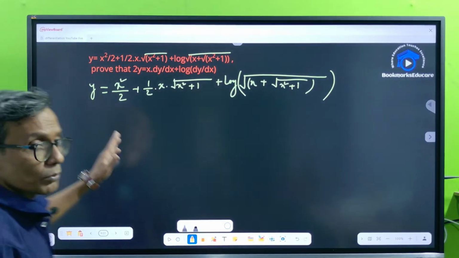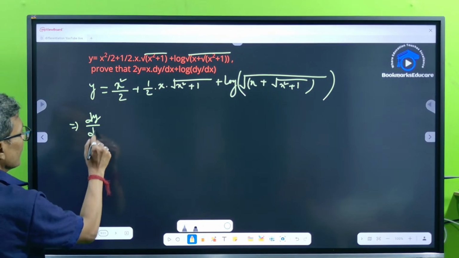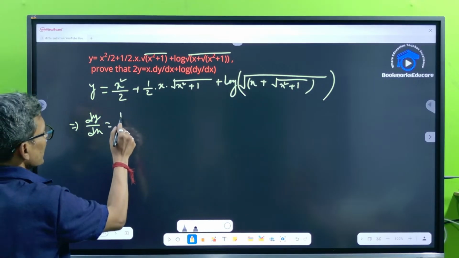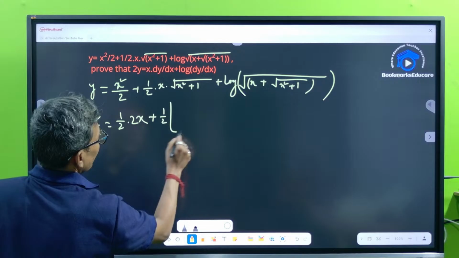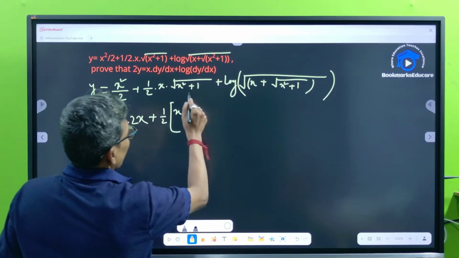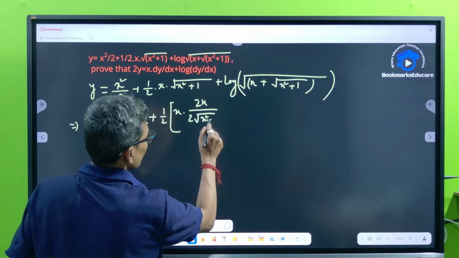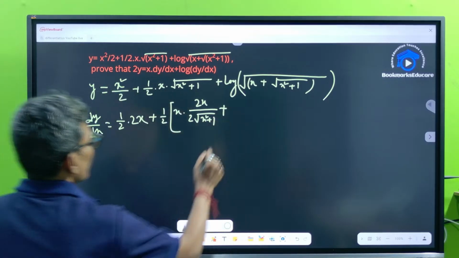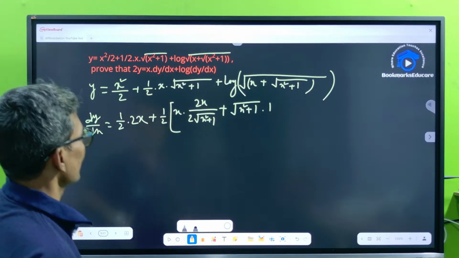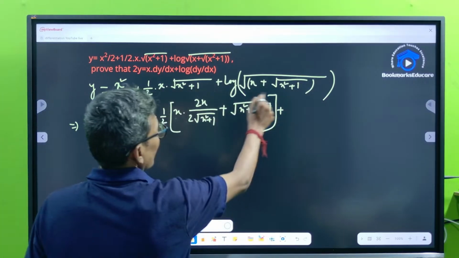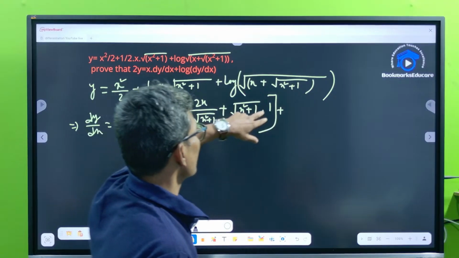So differentiating on both sides with respect to x. So d/dx of y means dy by dx. d/dx of x square by 2 means half into the derivative of x square, which is 2x, plus this will be the chain rule. Put x, then d/dx of root over x square plus 1 means 2x by 2 root over of x square plus 1, plus the product rule is applied here, into 1, d/dx of x means 1, plus d/dx of log of root over x plus root over of x square plus 1.